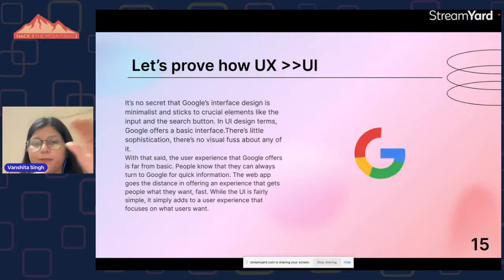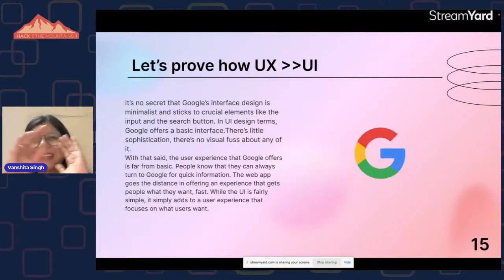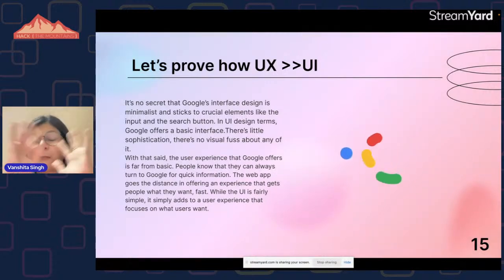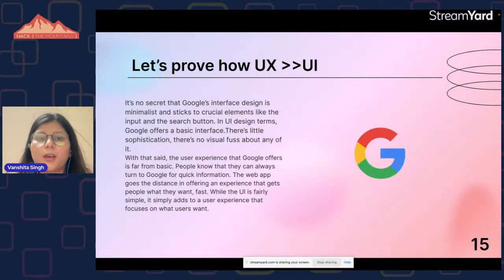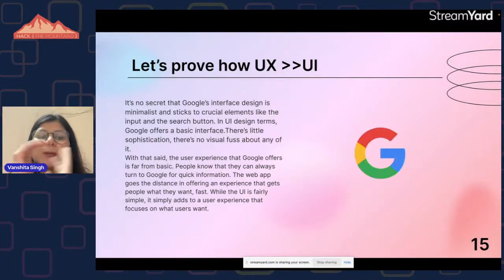As you visit google.com, just type in google.com and you will see a very dull looking page. Nothing fancy, no fancy text, no colors, just a basic white page with a search bar and a search button in the center of the page, accessible to the user. In UI design terms, Google offers a basic interface.